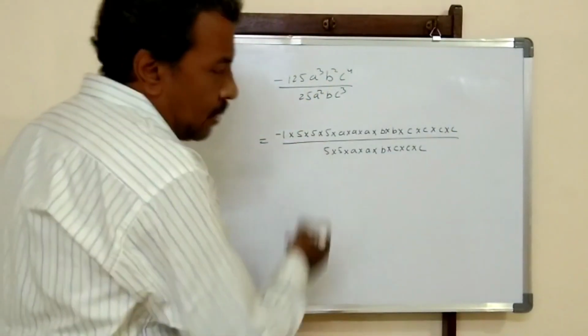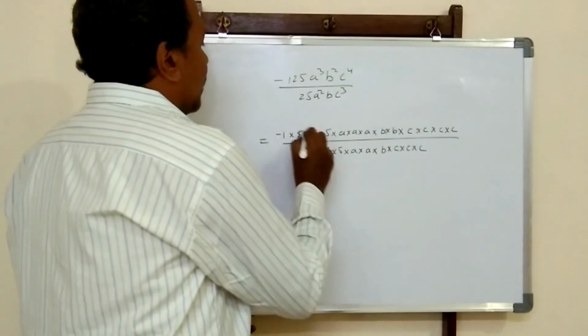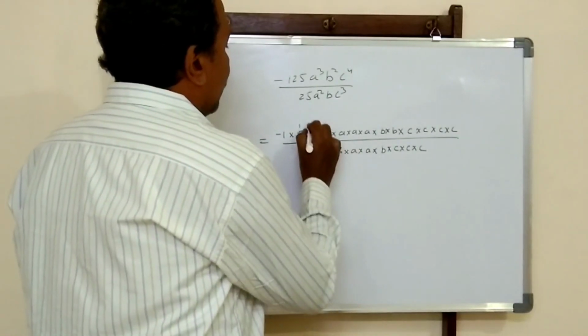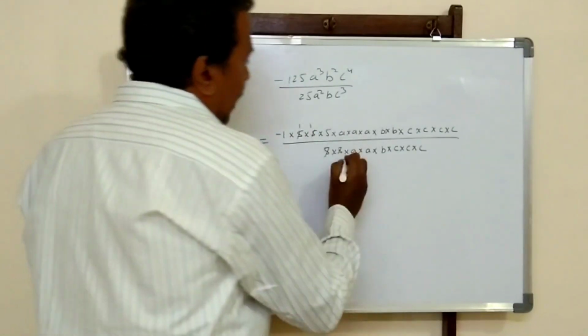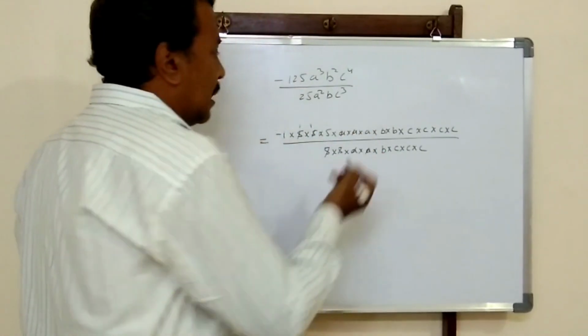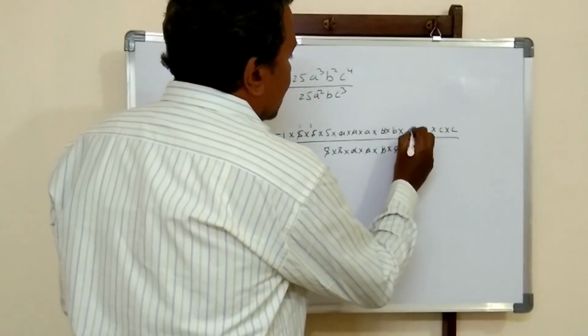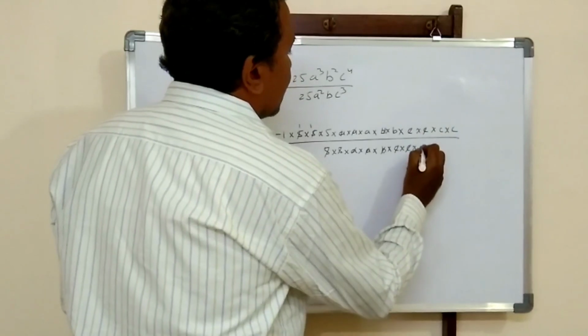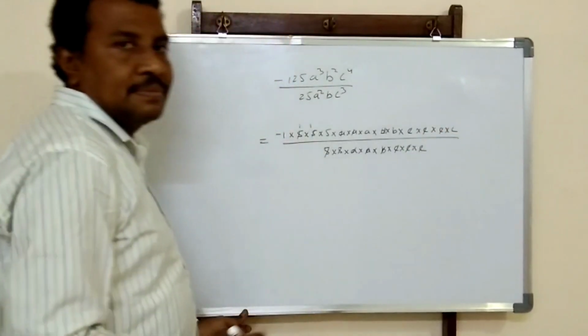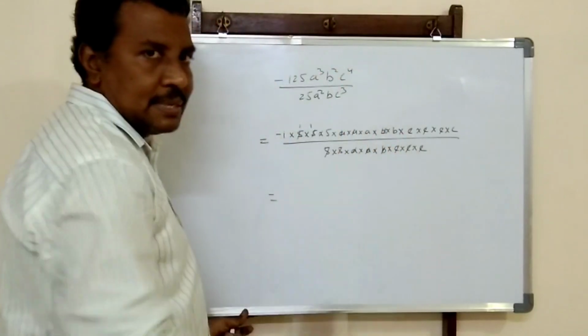Now as usual, cancel 5, 5, one time; a and a; b; c. All the denominator got cancelled.